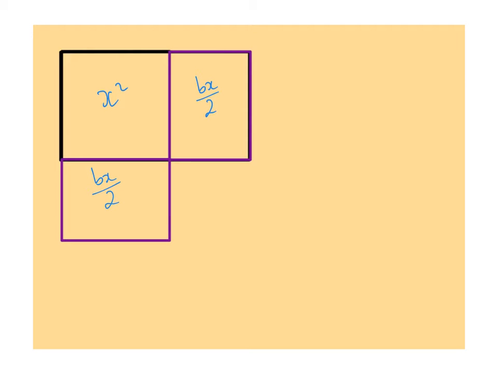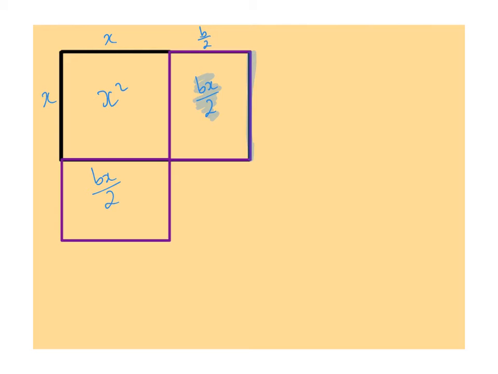And hopefully you're okay with the fact that this is still x and this is still x, which means that for the purple areas, because we've got over here bx divided by 2, if this length is x, which we can see over on the left hand side, then this length must be b over 2, which we knew already.